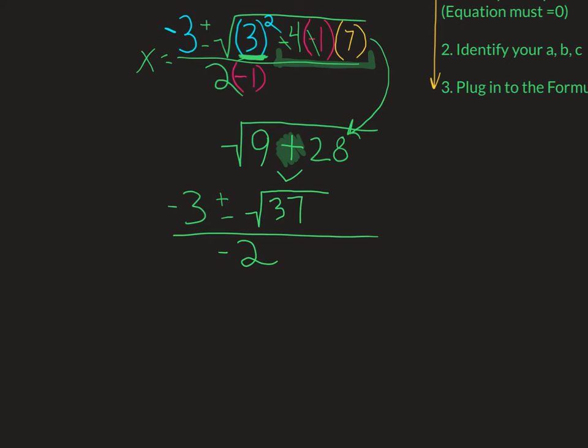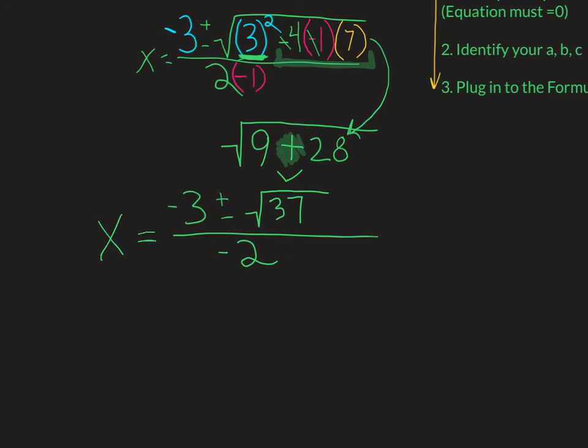And at this point, if we could take the square root of the 37, we would split this apart and we would do both pieces. But because the square root of 37 isn't a whole number, it might not even be a rational number, you actually are allowed to stop here. And we can say that x is just negative 3 plus or minus square root 37 divided by negative 2.